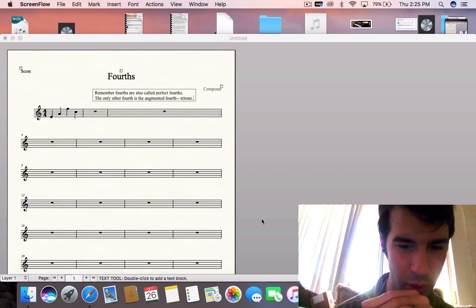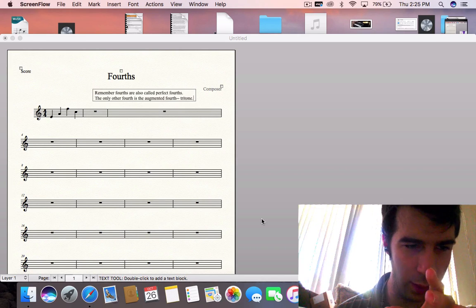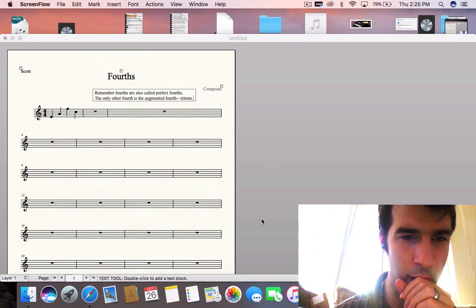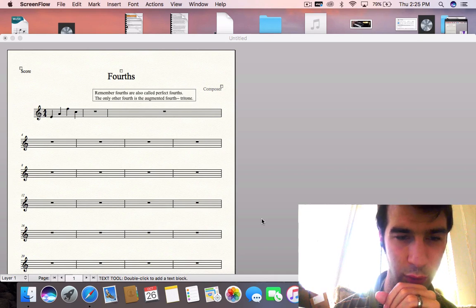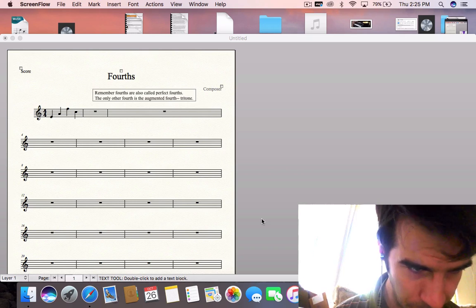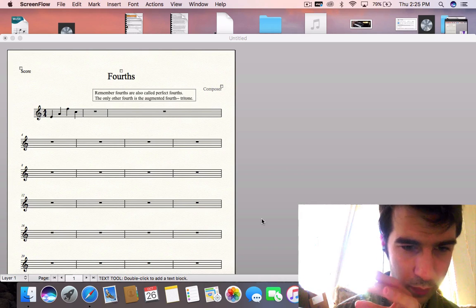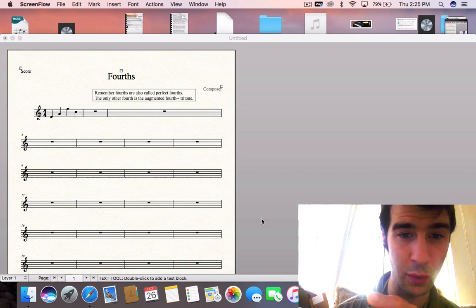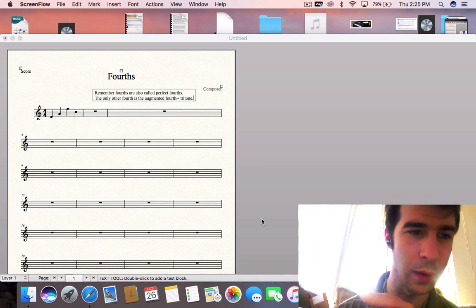Major thirds are usually two steps away from one another. The minor third is actually closer together than the two steps. It's actually 1.5. So the thirds are sweet sounding intervals that could either be bright or dark, major or minor.